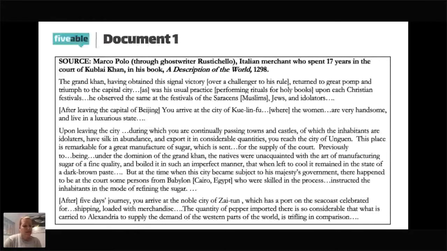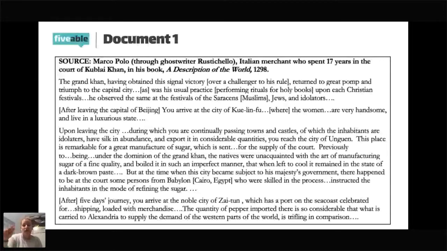But at the time when the city became subject to His Majesty's government, there happened to be at the court some persons from Babylon, Cairo, Egypt, who were skilled in the process, instructed the inhabitants in the mode of refining the sugar. After 5 days' journey, you will arrive at the noble city of Zaitun, which is a port on the sea coast celebrated for shipping, loaded with merchandise. The quantity of pepper imported there is so considerable that what is carried to Alexandria to supply the demand of the western parts of the world is trifling in comparison.